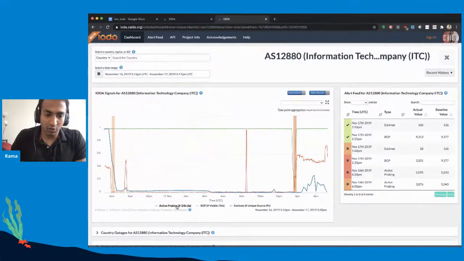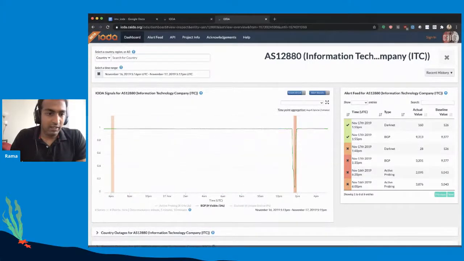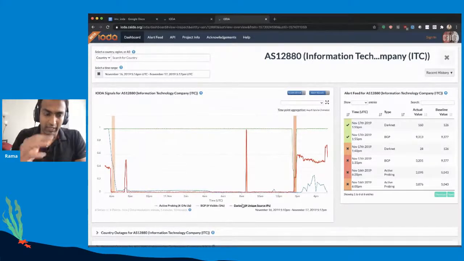So this outage is visible in the Darknet data source. It's visible in active probing. But for BGP, there doesn't seem to have been anything at the time that the outage actually began. There does seem to be something like a minor blip over here, but nothing significant. However, we do know from other sources that even users within this particular AS were actually affected by this outage event.